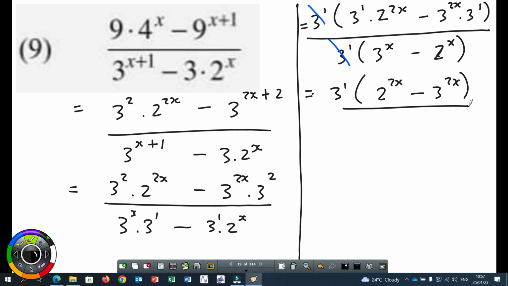I can swap it. So, from there, I can write this as minus 3 to the power of 2x plus 2 to the power of x.